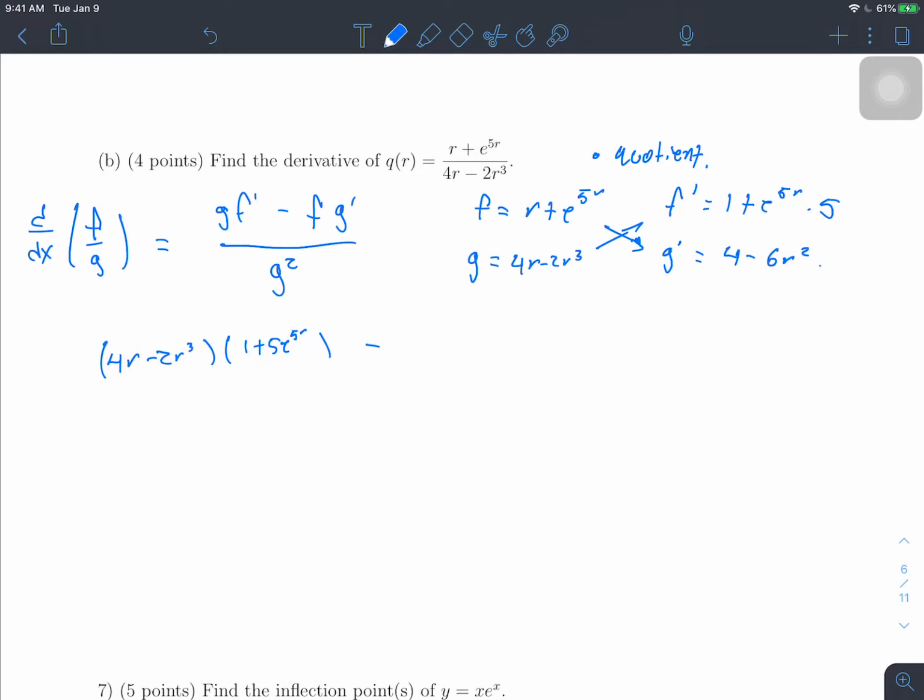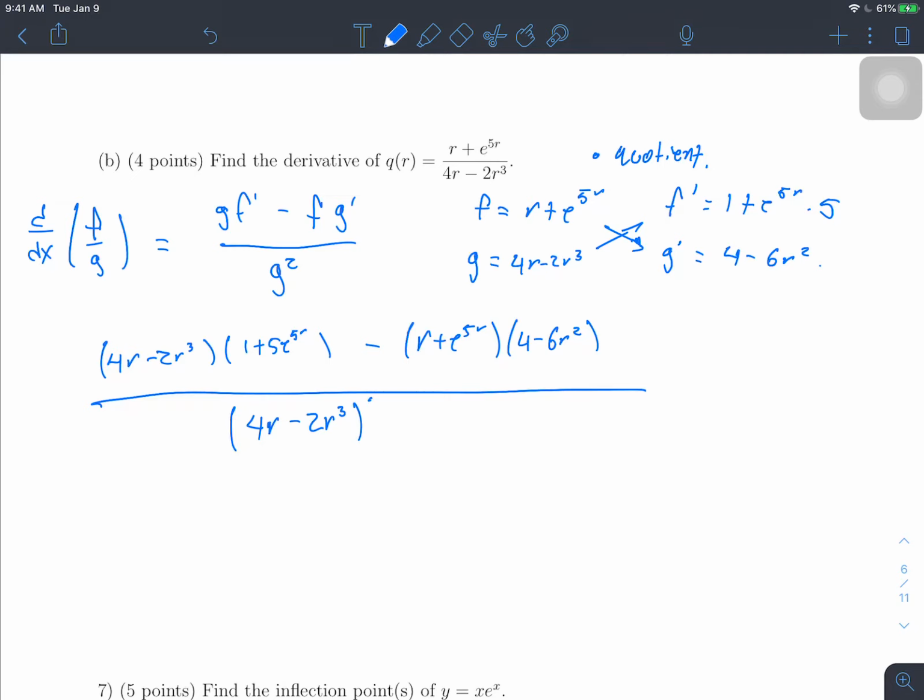We will subtract from that f times g prime. Divide by g of x squared. And that's my final answer.